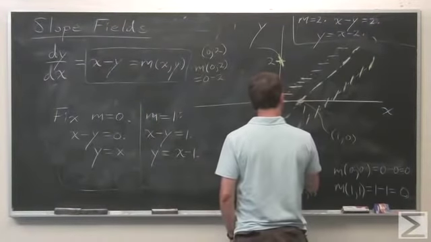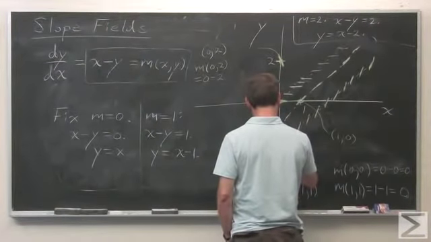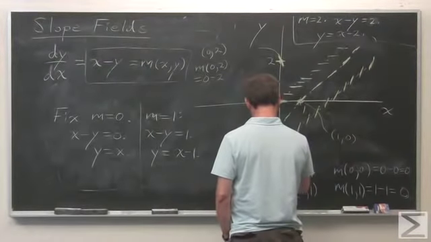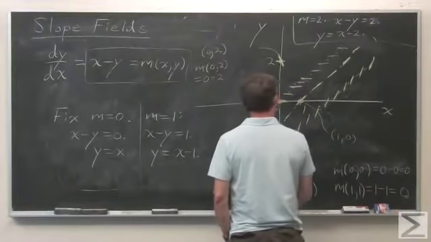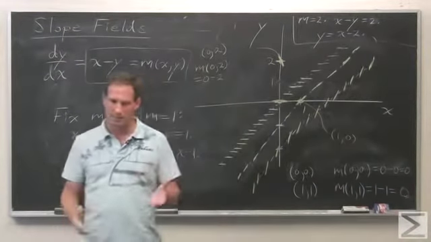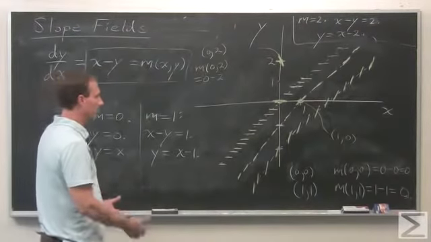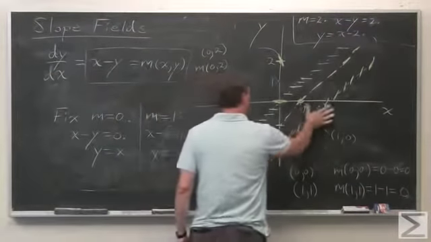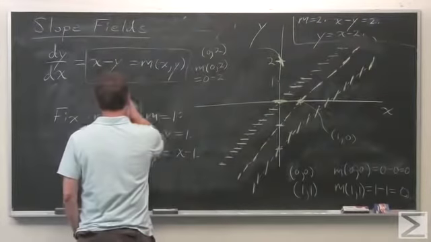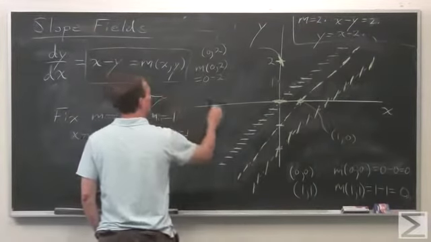Anyway, using these curves or lines along which the slopes are constant can enable you to draw a whole bunch of line segments quickly. But again, you have to pick different m's, and it's not so fast, and you don't get that many. We give a name to these curves or lines along which the slopes are constant.